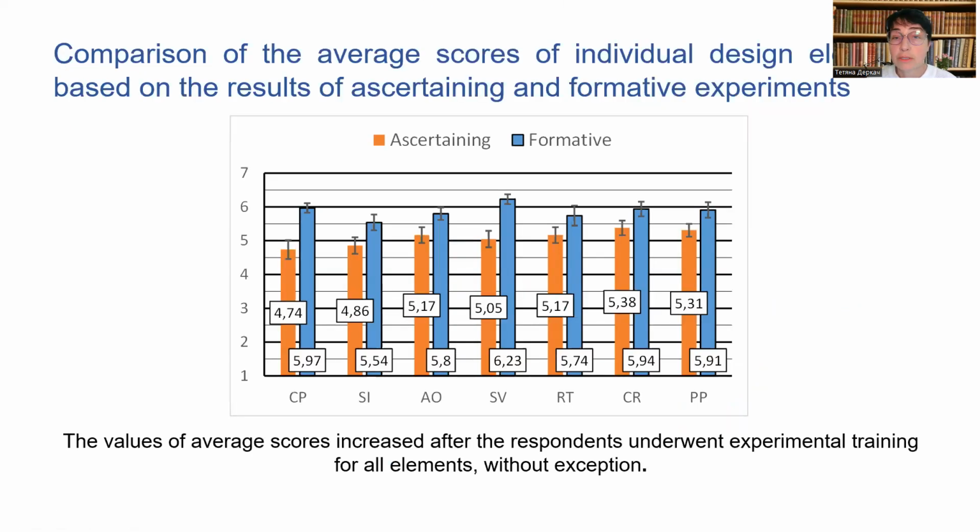Comparison of the average scores of individual design elements based on the results of a certain informative experiment. You see the values of average scores increased after the respondents underwent experimental training for all elements without exception.